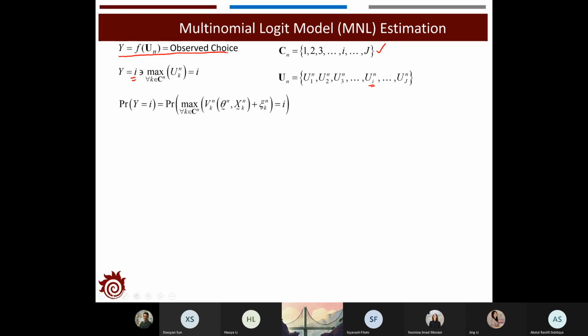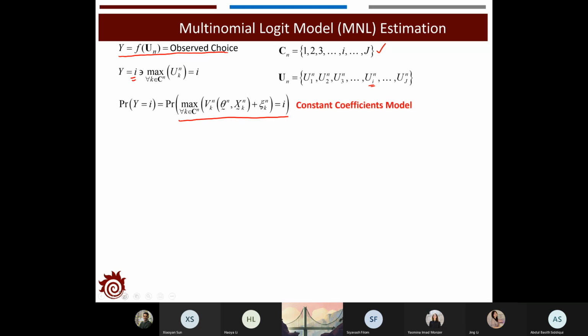We are then able to find the probability of individual n choosing mode i, which we can show in this equation. So the maximum of the deterministic utility and the random term should fall under mode i.